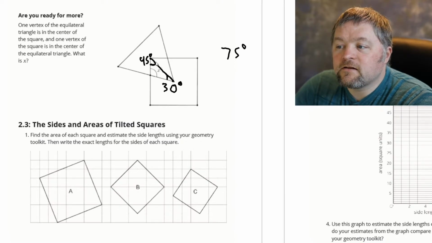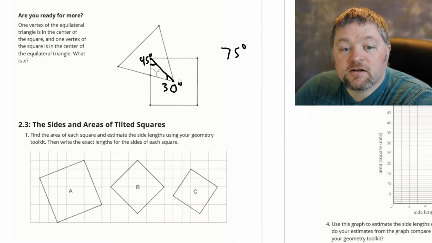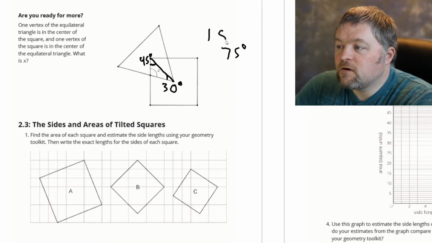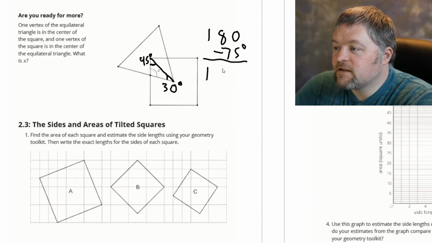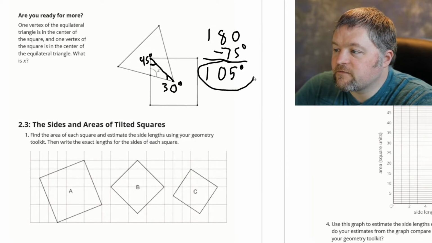And we know the angle sum of a triangle, because this shape here is a triangle, the angle sum is 180 degrees. So if we do 180 degrees, subtract 75, that is 105 degrees. So the measurement of angle x is 105 degrees.